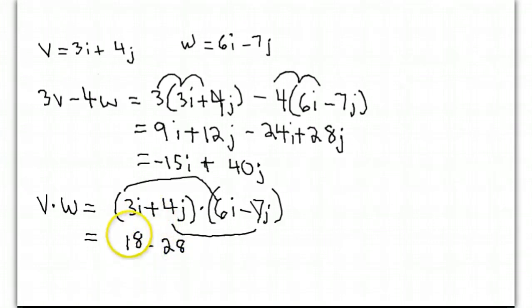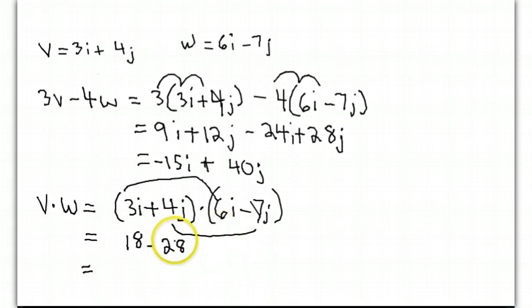So, again, you take the two numbers that are attached to i, you multiply them together, negative or positive, whatever it is, you're going to write that number down, but you're not going to write i or j. You're leaving the i and j off when you do the dot product. Then you take the two numbers that are in front of j, which is 4 and negative 7, you multiply them together, and that gets you a negative 28.